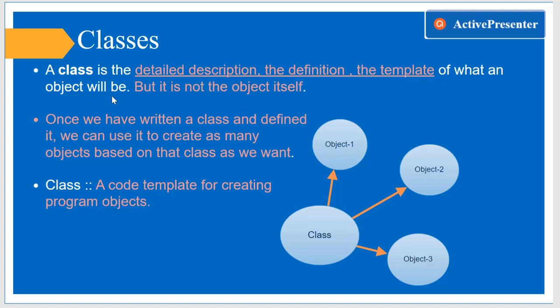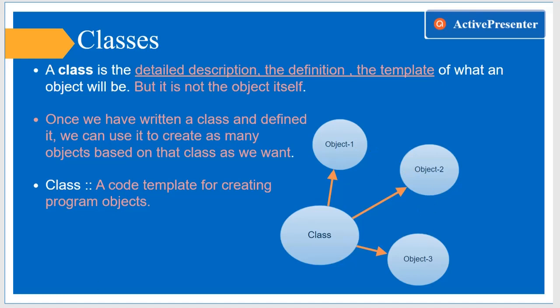So a class is a code template for creating program objects. Here is the circular object class. From this circular object we can create so many objects of that shape: object 1, object 2, object 3, and each one is distinct.